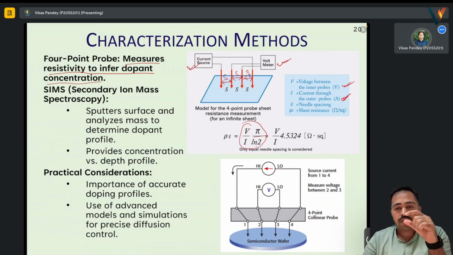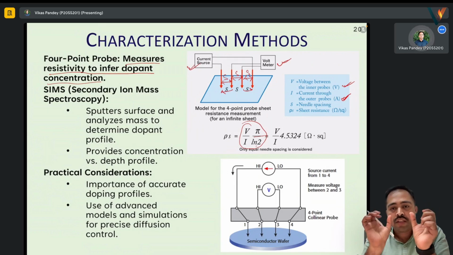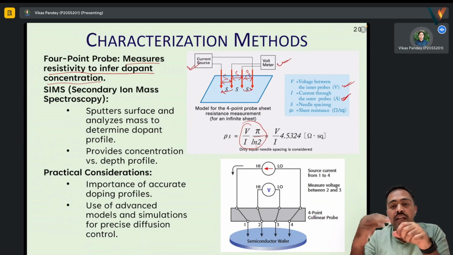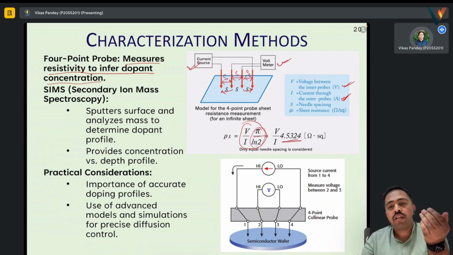If you see the distance, the current somewhat flows like this, so this S will cancel out if the needle spacing is equal. And this value pi upon log 2 gives us 4.5324.